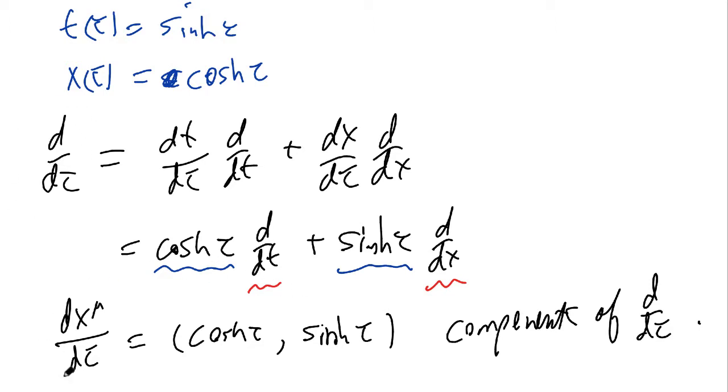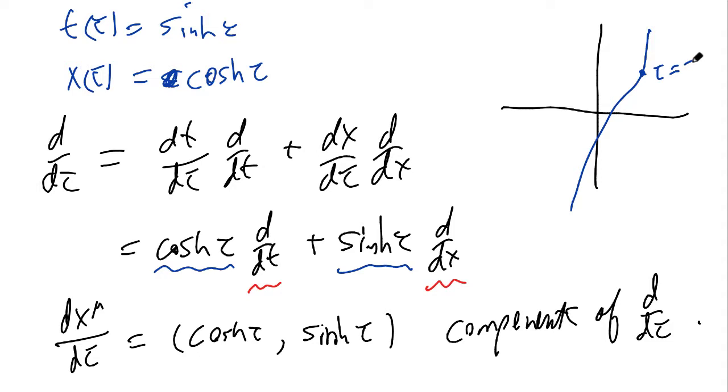And likewise, these are the components of all of those vectors, one vector for each value of tau. So for example, if this is the world line and this is the event labeled tau equal 2, then the components of the velocity vector at that event are cosh 2, comma sinh 2.